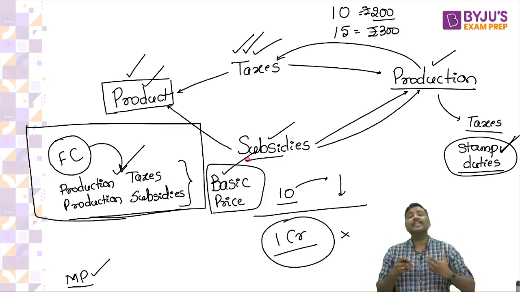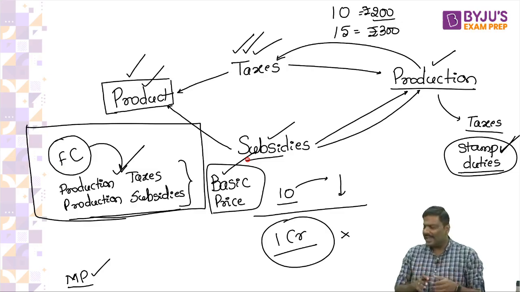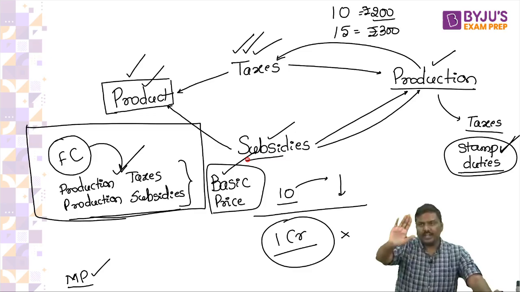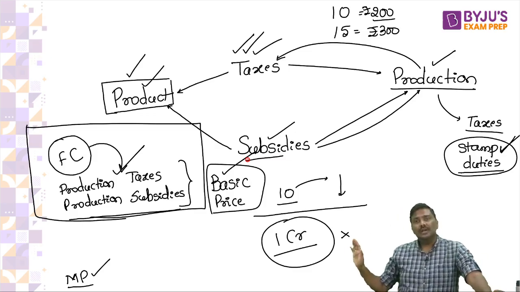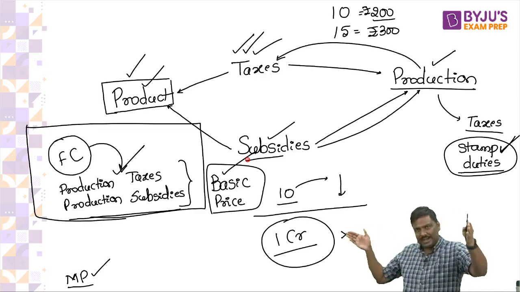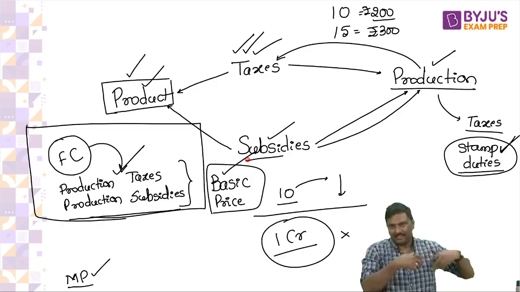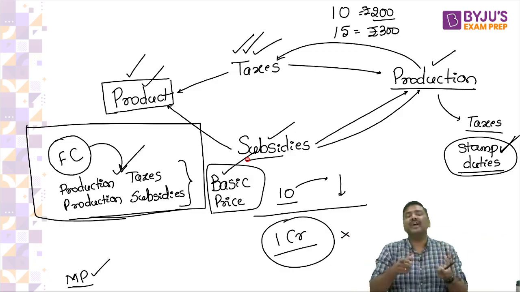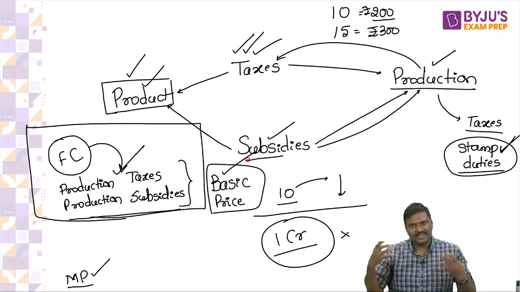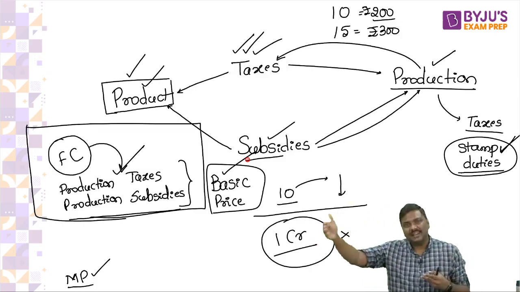Sir, why should we calculate basic prices? Again, understand this carefully. We want to move from the factor cost to market cost. But in between, unlike earlier where we simplified it, I'll simply say taxes and subsidies.